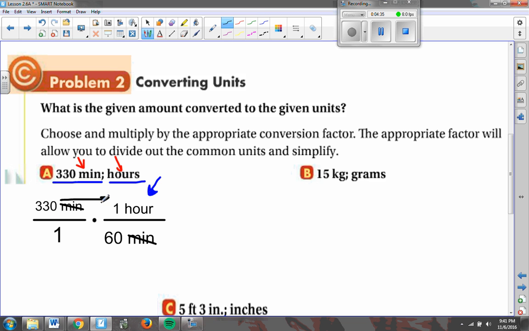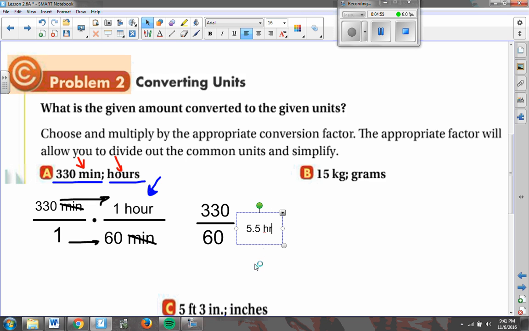330 times 1 over 1 times 60. What we end up with is 330 over 60. And what we would do is we would just do that division, probably on a calculator. And what we would end up with is 5.5 hours.